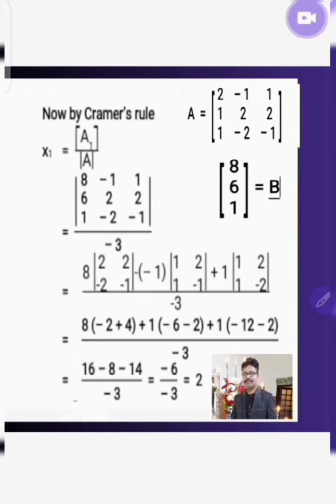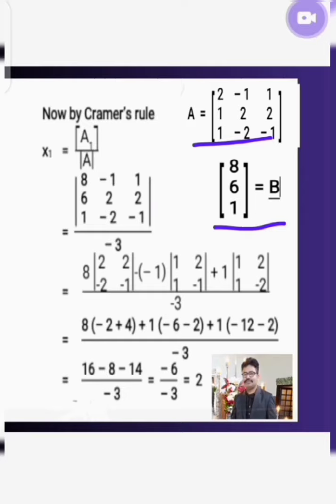Now, Cramer's rule. Cramer defined that I have written matrix A here and matrix B here. B was the matrix that was written on the equal side.